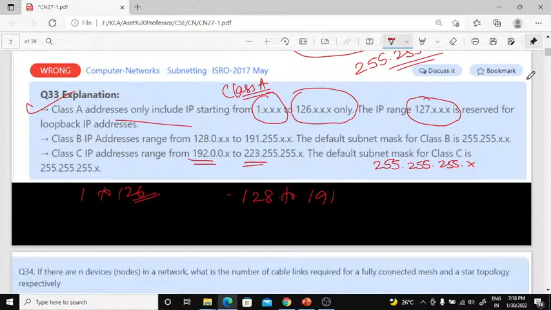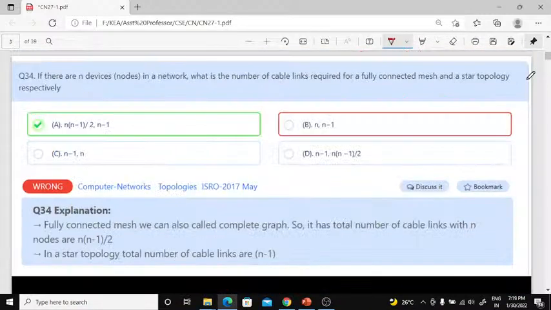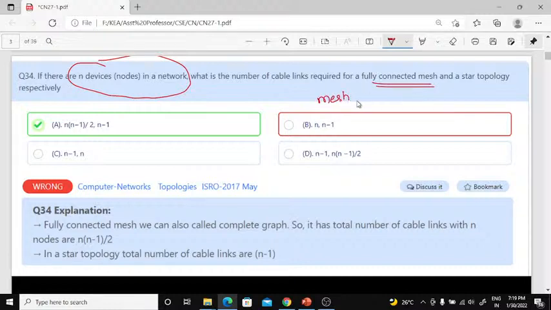Okay, so the next question: if there are n devices or nodes in the network, what is the number of cable links required for a fully connected mesh and a star topology respectively? A fully connected mesh can also be called a complete graph.